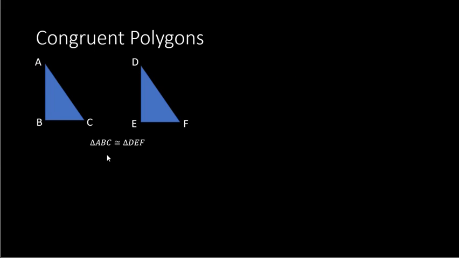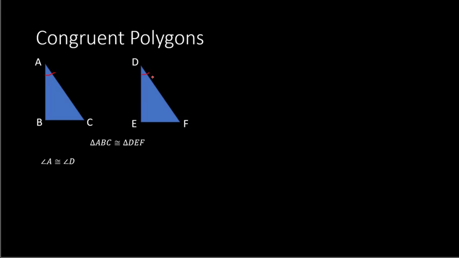So we've mentioned a couple times that with congruent polygons, the corresponding angles must be the same. What we mean is that right here, we have angle A, and that would be congruent to angle D. All right, those are corresponding angles. Those two angles would be congruent, meaning the same measure. All right, they're the same size.